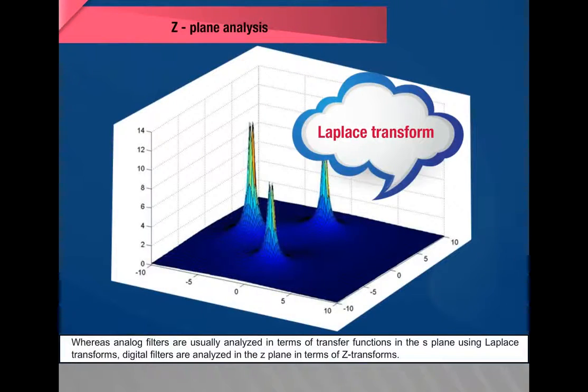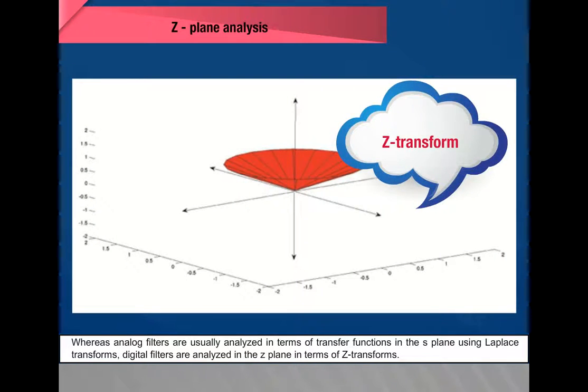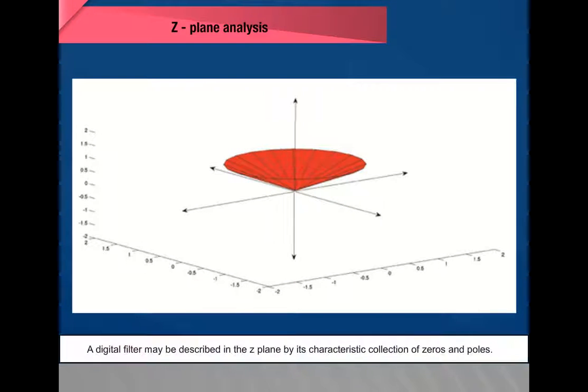Whereas analog filters are usually analyzed in terms of transfer functions in the S-plane using Laplace transforms, digital filters are analyzed in the Z-plane in terms of Z transforms. A digital filter may be described in the Z-plane by its characteristic collection of zeros and poles.